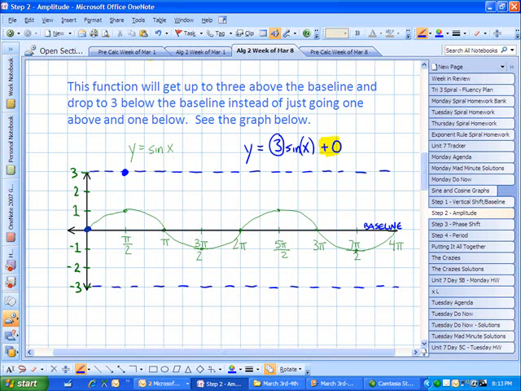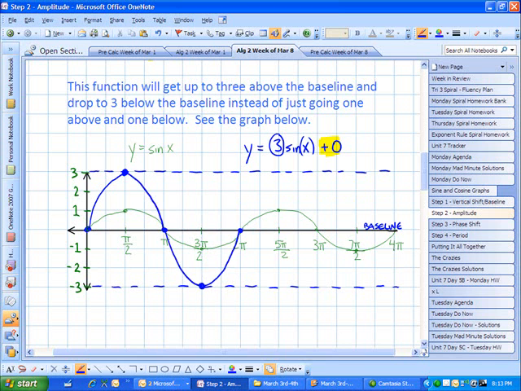So when we get to pi over 2 on the x-axis, we are at the top, and this time the top is at 3, not at 1. At pi, we're back to the baseline. At 3 pi over 2, we're down at the negative amplitude. We're at the bottom, so we're down here at negative 3 now. At 2 pi, we are back to the baseline.